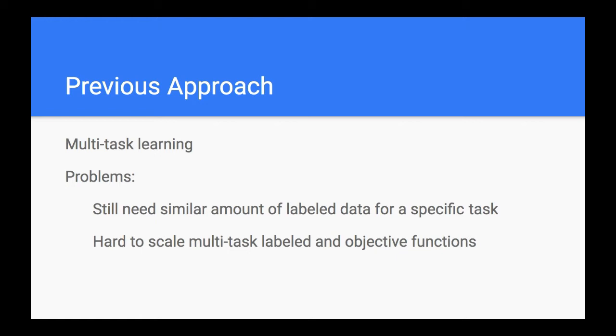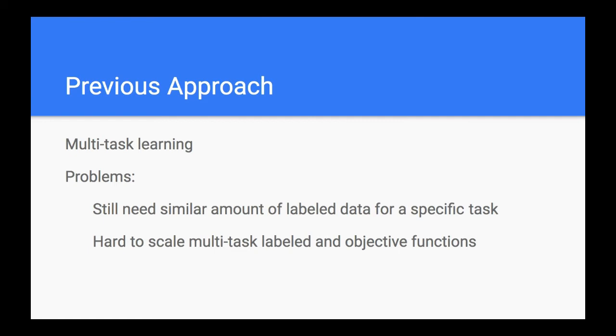Imagine you want a model trained on multitask, and the number of tasks is 100. How do you write a loss function for that? You probably need to brute force it. There's also no very significant effect that, when you do multitask, you can reduce the number of labels you need for one task.